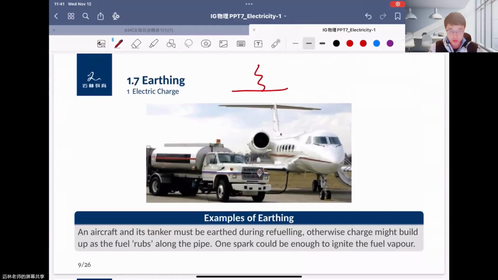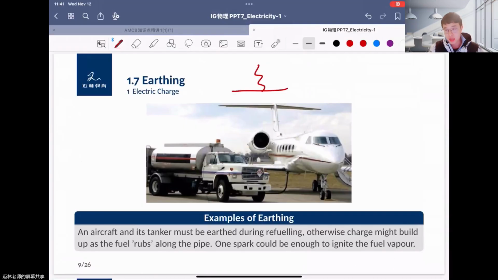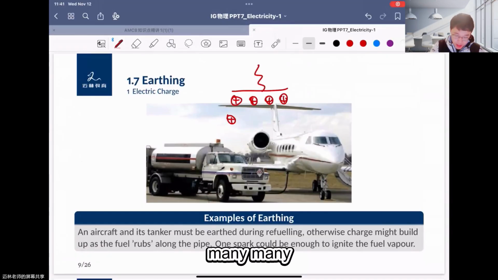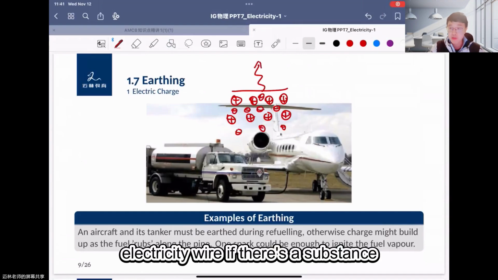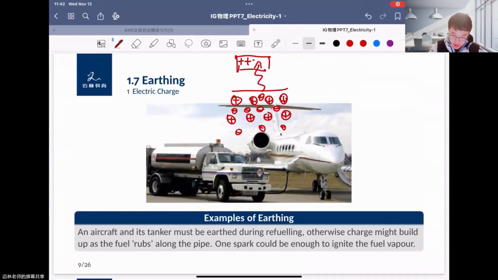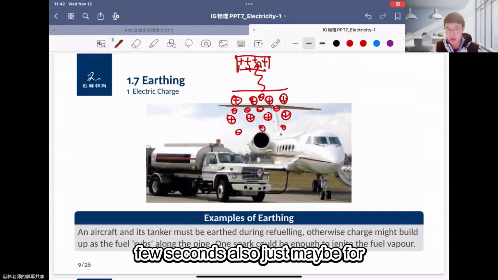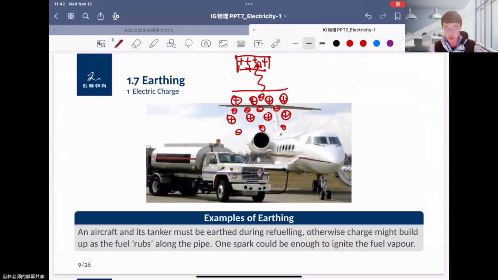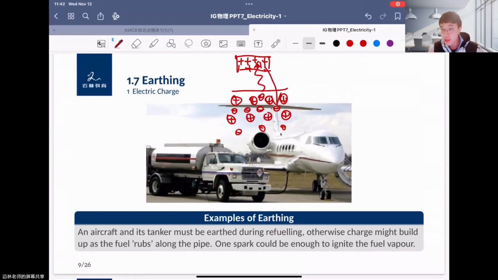You're using a wire to connect with the ground. How does this work? That is because the ground has unlimited positive charge and negative charge, many positive and negative charges in the ground. So if a substance is connected with the wire and the ground, and it has positive charge, then in just a few seconds, a very short period, you'll find that the positive charge is attracted by the negative charges.